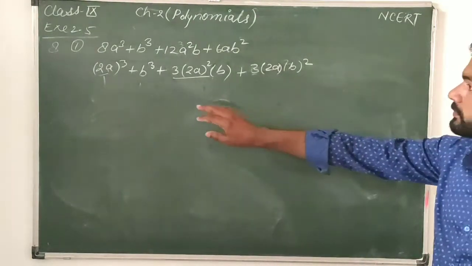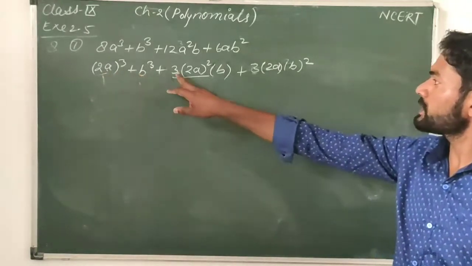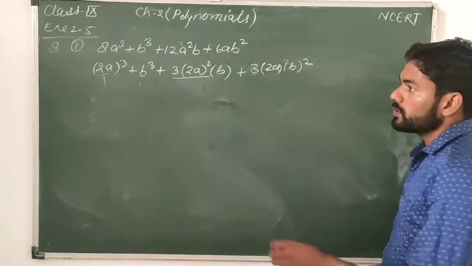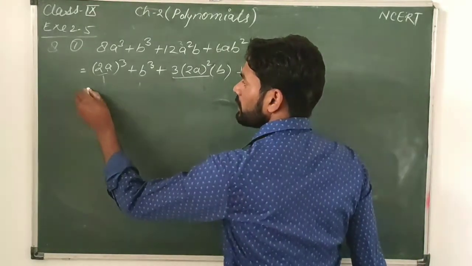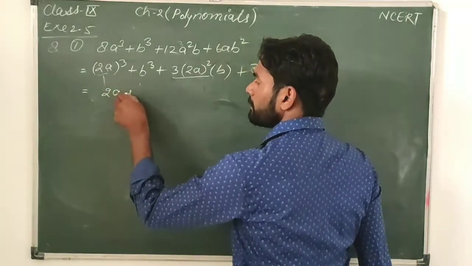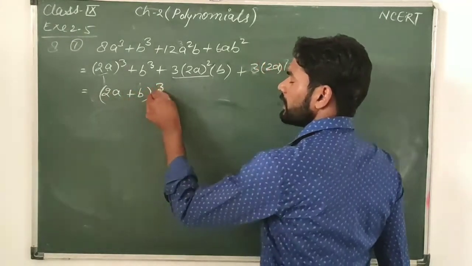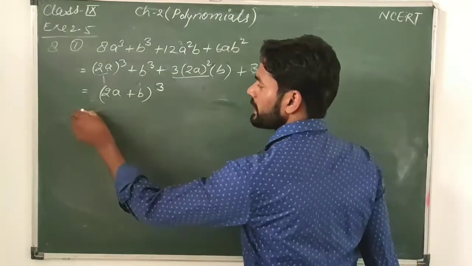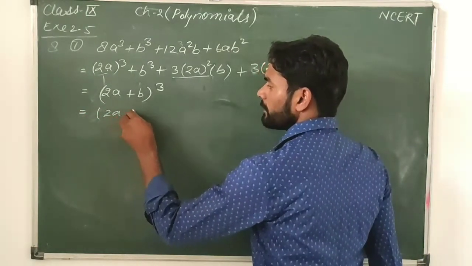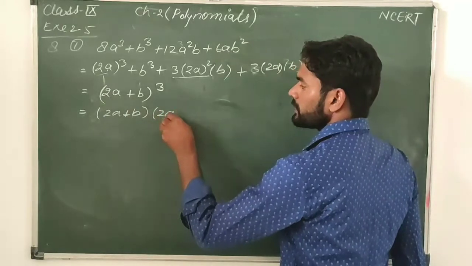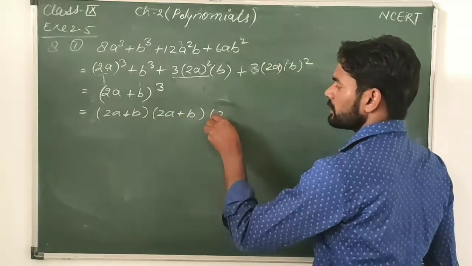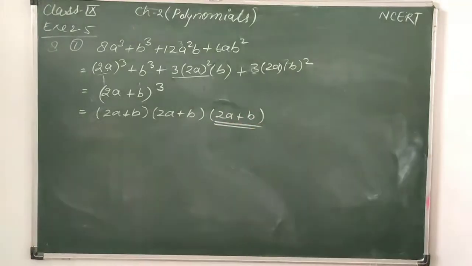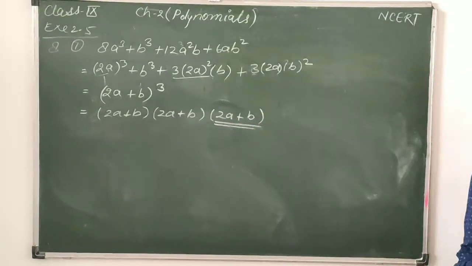Now a cube plus b cube plus 3a square b plus 3ab square is equals to a प्लस बी होल क्यूब. और इसको फैक्टराइजेशन फॉर्मेशन में लिखें 2a प्लस बी, 2a प्लस बी एंड 2a प्लस b. It is the answer of this part.